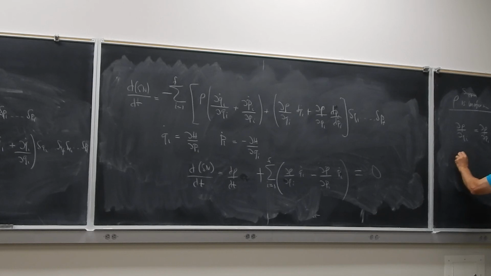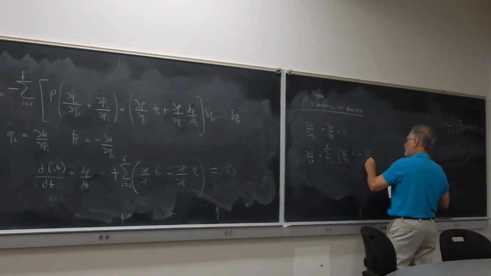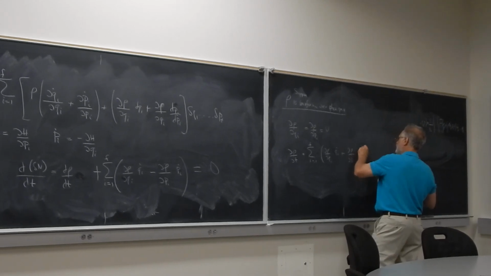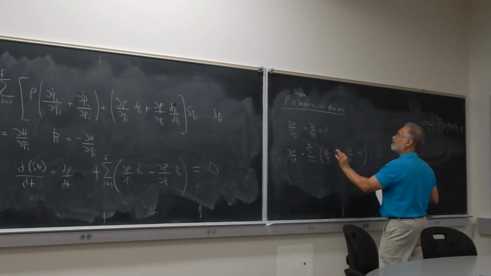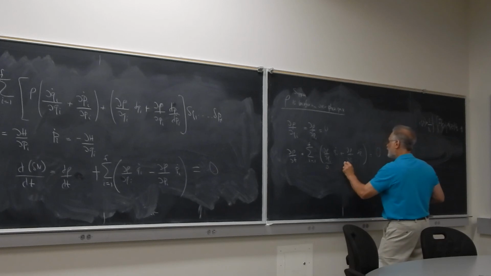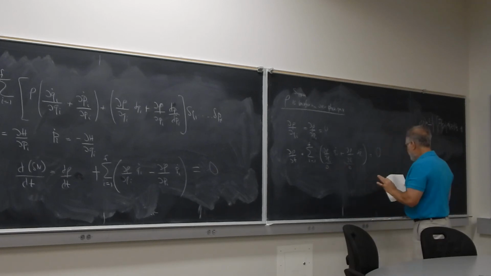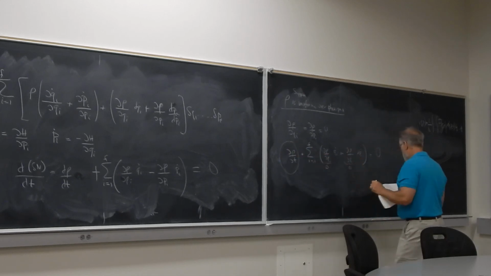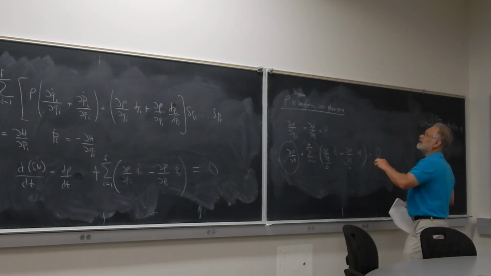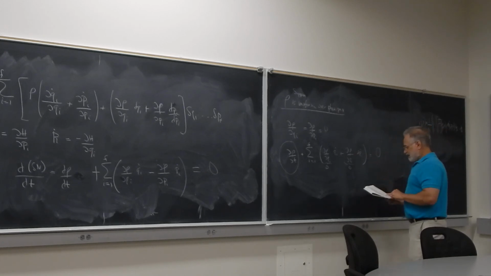By Liouville's theorem, d rho dt plus the sum over i to f of d rho dqi qi dot plus d rho dpi pi dot has to be equal to 0. We know that in a uniform ensemble, that's 0. That's 0. What means that it must be that d rho dt is 0 as well. And so this is Liouville's theorem for statistical equilibrium.